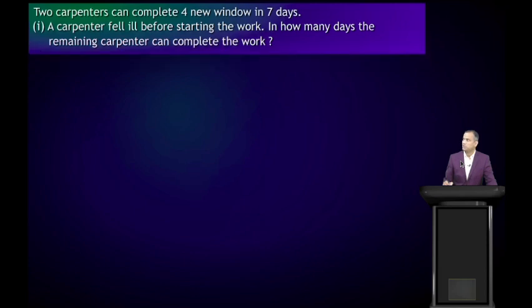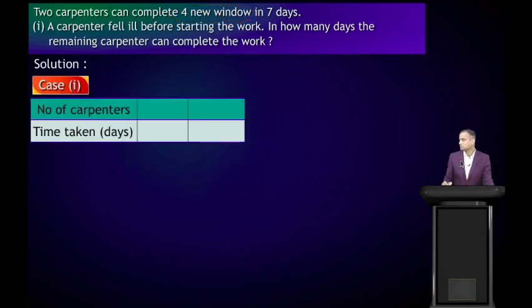So again, 2 carpenters can complete 4 new windows in 7 days. So again, what is fixed here? Yes, they have to make the same windows. They have to make only 4 windows. So what is case 1?